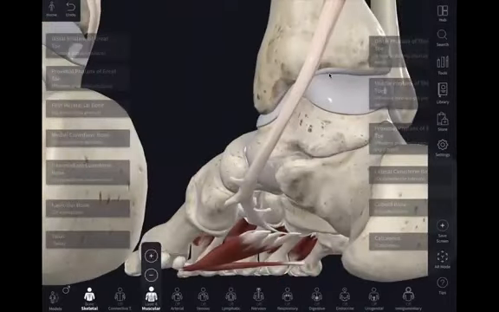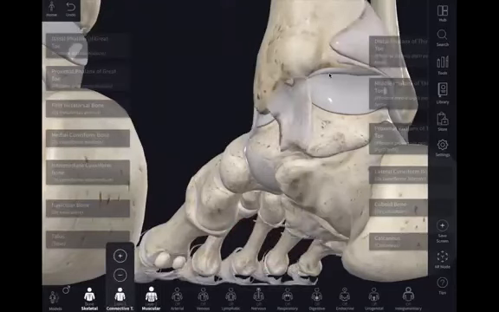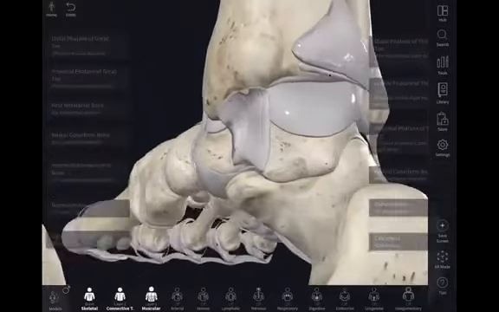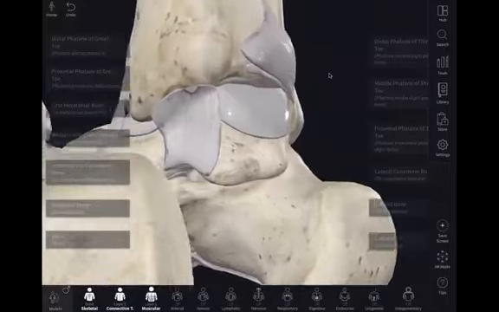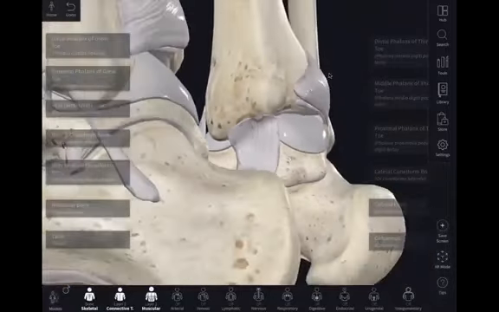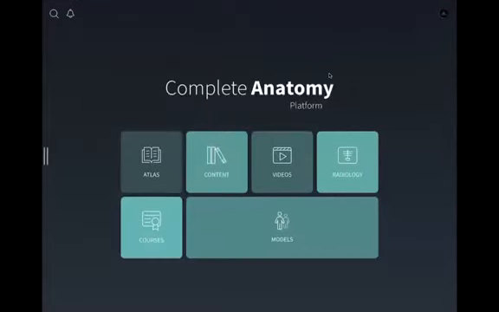Okay, first of all, let's see the ligaments. It's a bit difficult to show. Let me just do one thing then.